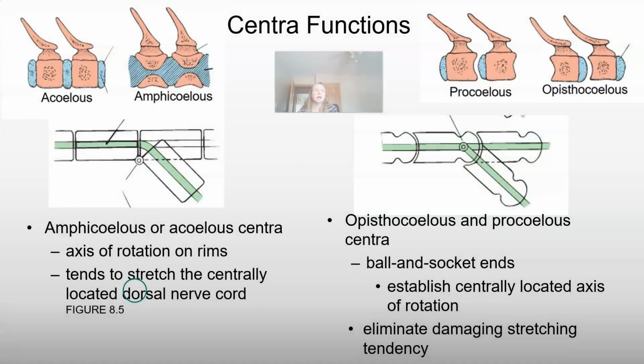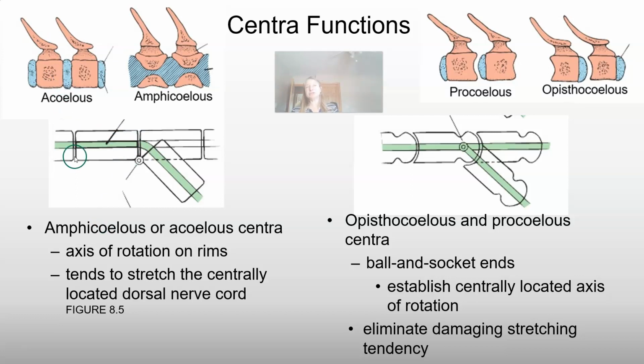So when we look at vertebrae, with acoelus and amphicoelus vertebrae, with their centra, the axis of rotation is actually on the rims, okay? Now this is a problem because it tends to stretch the centrally located dorsal nerve cord, remember? So the dorsal nerve cord is up here behind it.